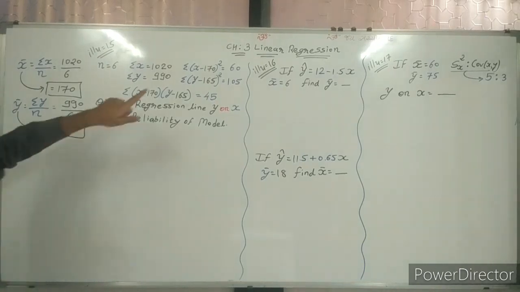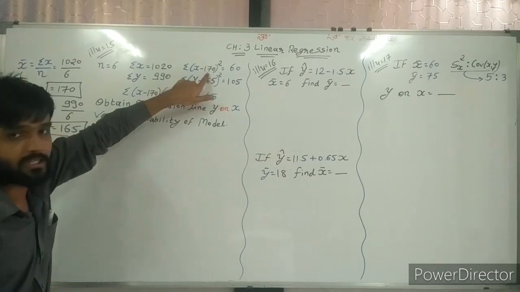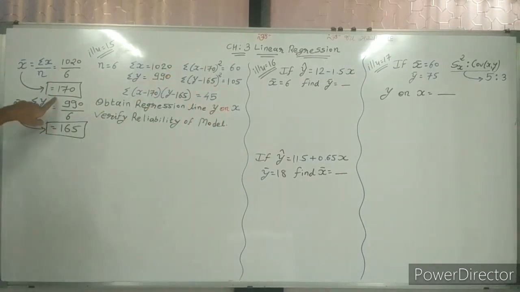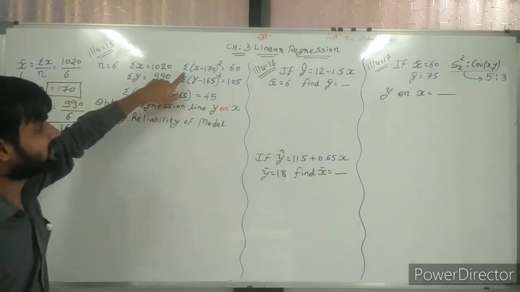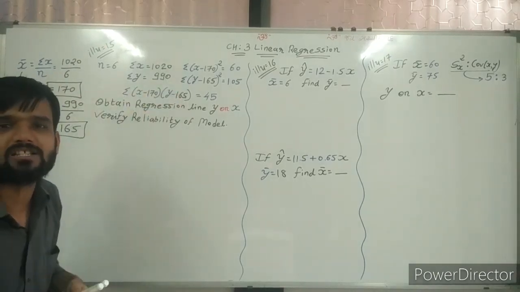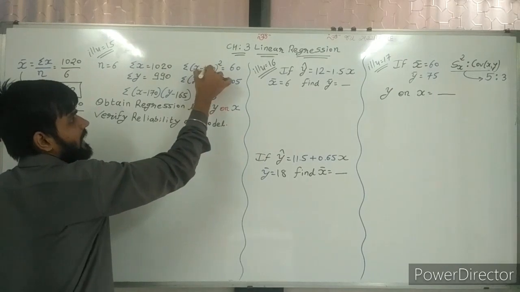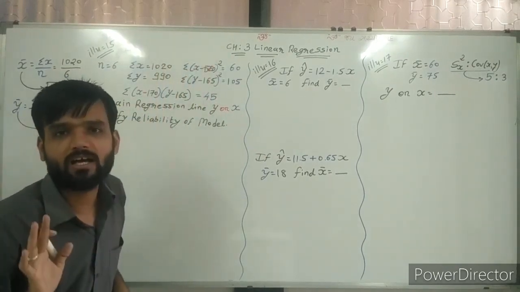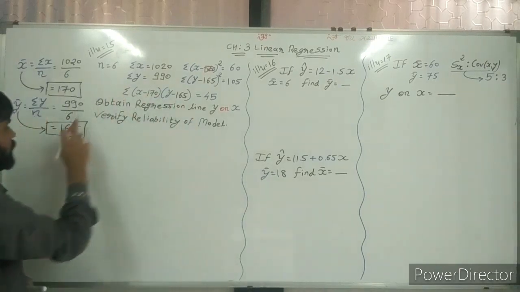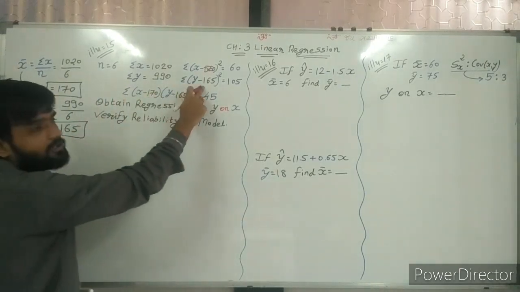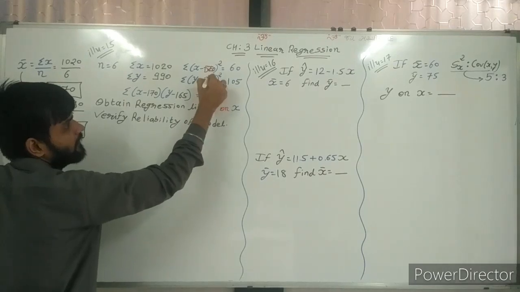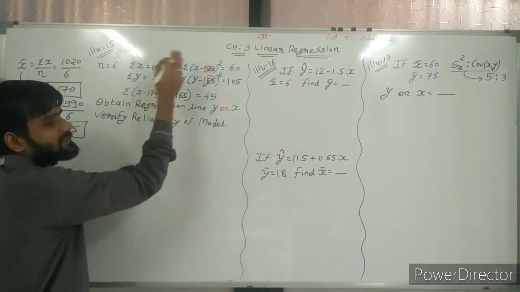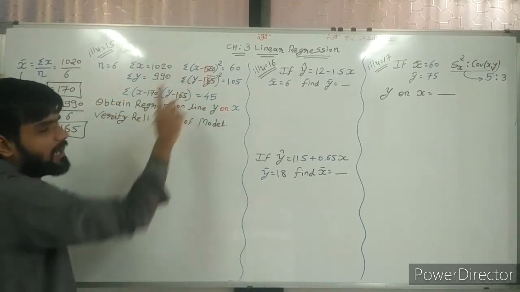Now see here, x minus 170: is it x bar? Yes, it is x bar, 170. It means it is x minus x bar square. Same way 165 is deducted here, so it is y minus y bar square. The third one is x minus x bar into y minus y bar.